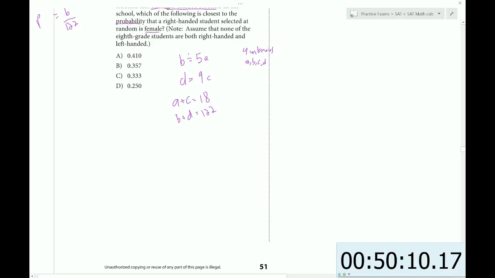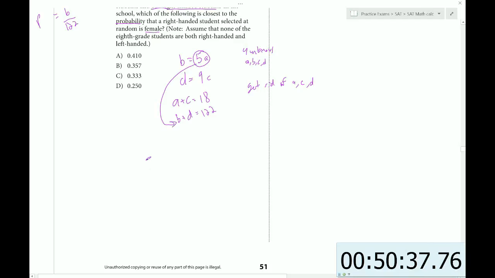So let's see. Since we want to solve for B, that means we want to get rid of A, C, and D. So the best way to get rid of variables is to plug in for those variables. So the first step that I'm going to do is to get rid of B. I'm going to plug 5A in wherever I see B. Sorry. So that's going to go in here.